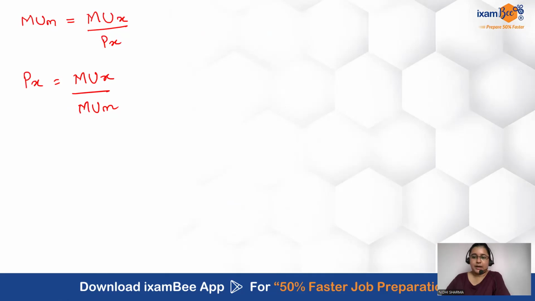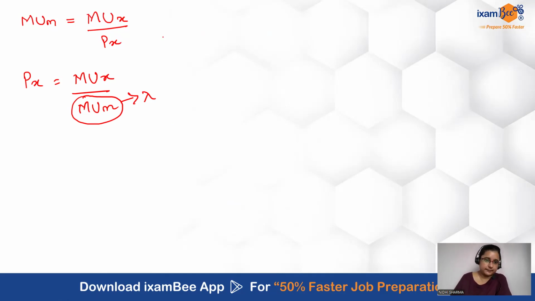That means a 1 unit change in the amount of money would give a marginal utility that is always constant. So if this marginal utility of money is constant, then I can denote it as lambda to keep my equation simple.